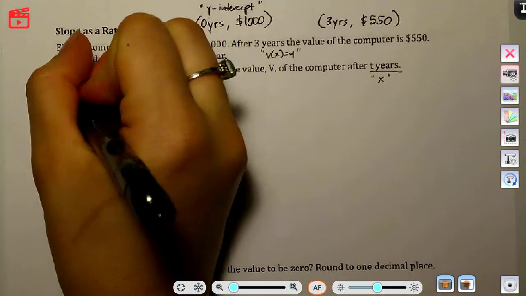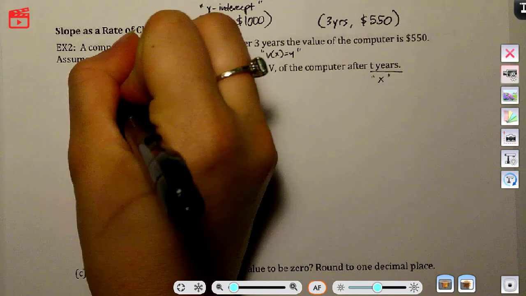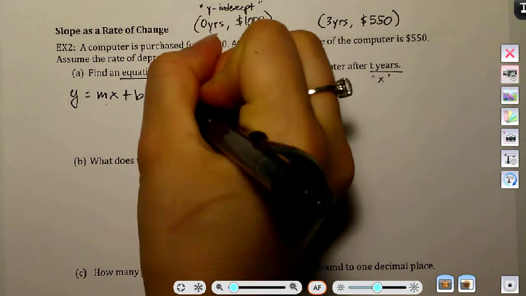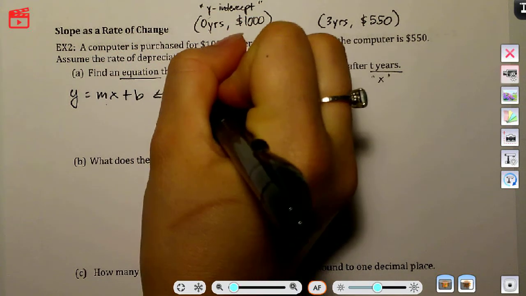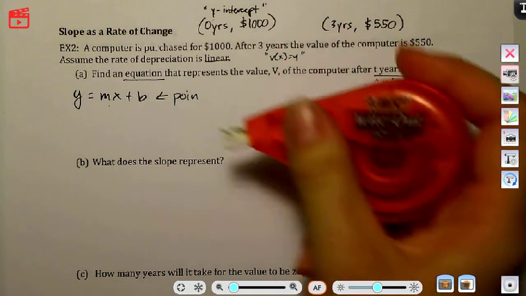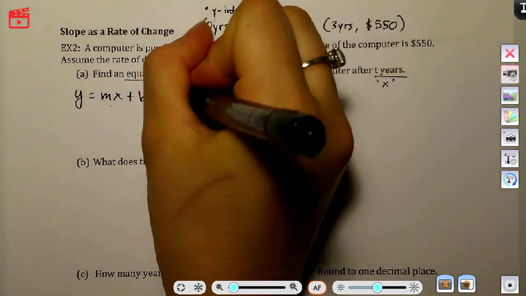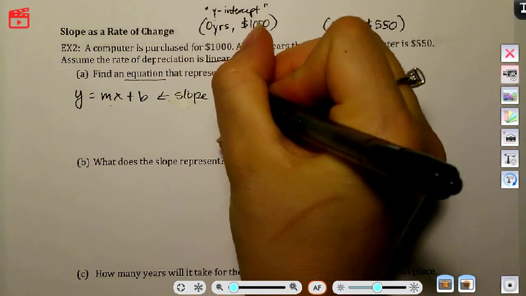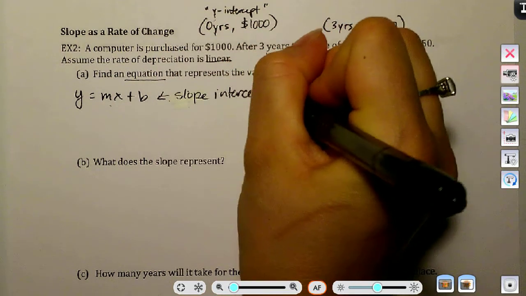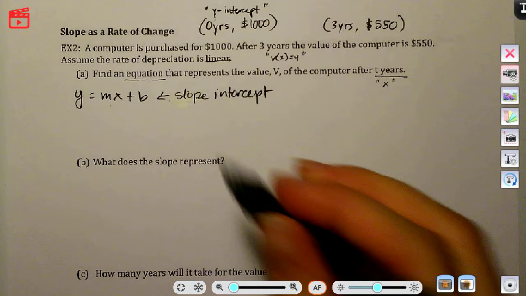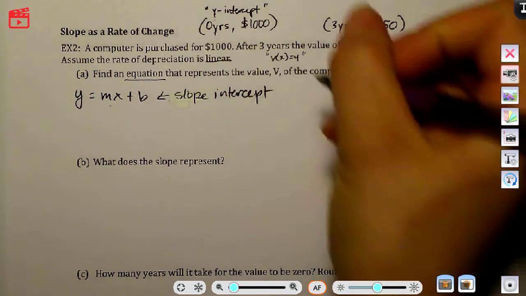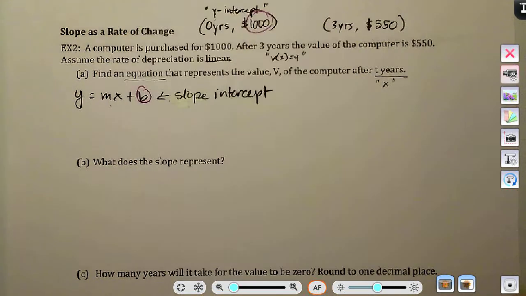Okay, so my equation y equals mx plus b. This is slope-intercept, excuse me. We're going to use this to write our equation. So plugging this in, my intercept value, b, is going to be 1,000.